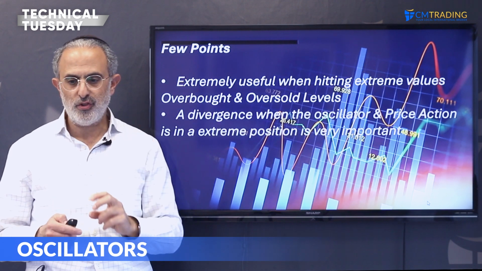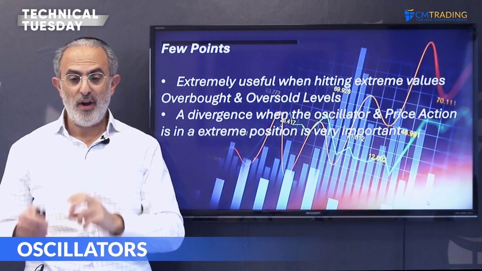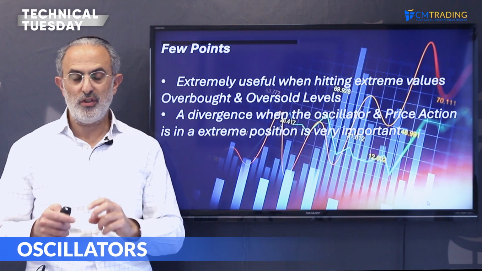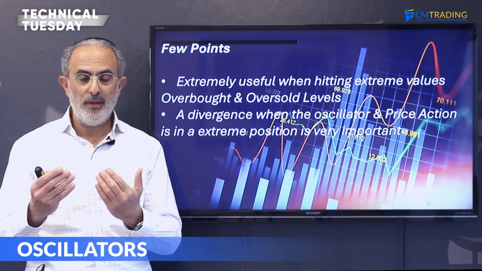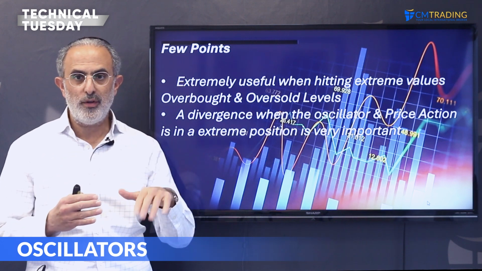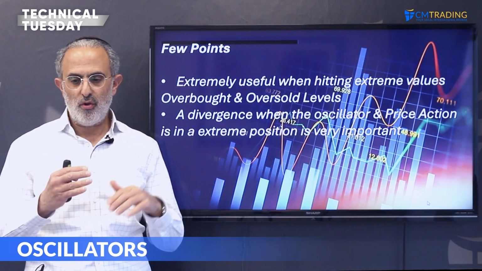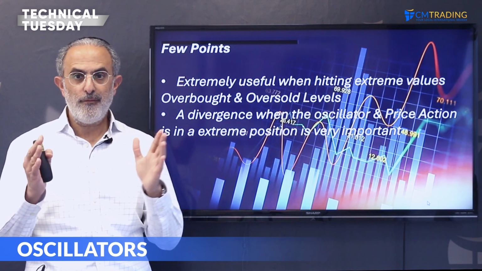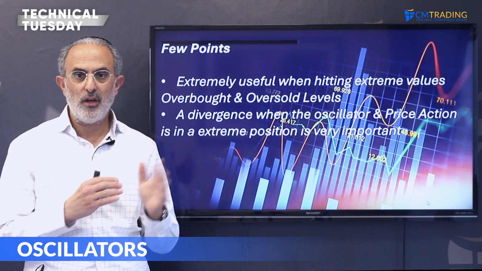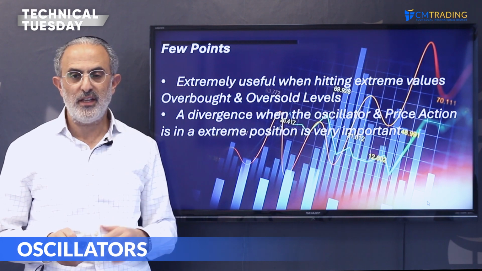A divergence, when the oscillator and price action are in an extreme position, is very important. Like I said, it's those two elements: price action, when the market is fluctuating, and when those points are being met within a very short time frame, that this becomes very useful. That's the second condition.